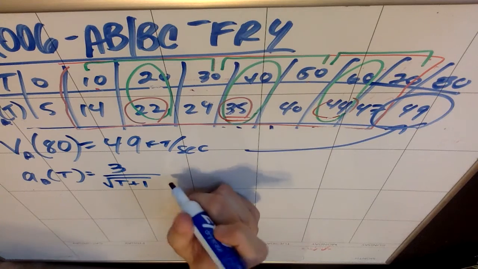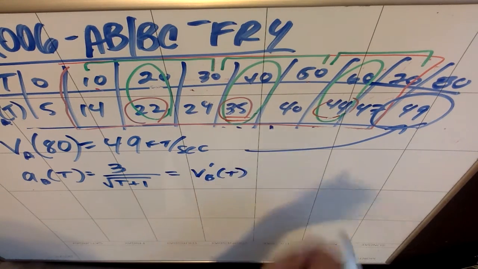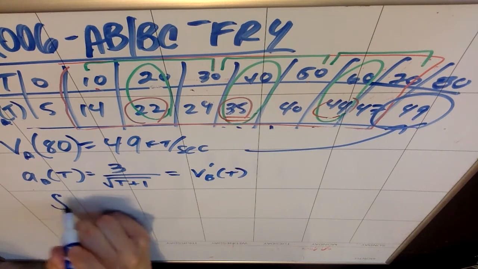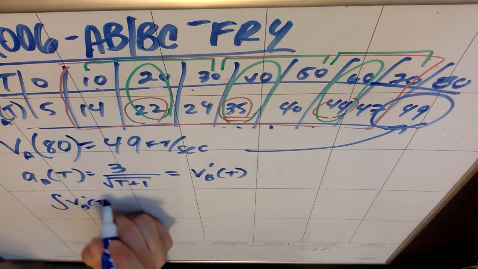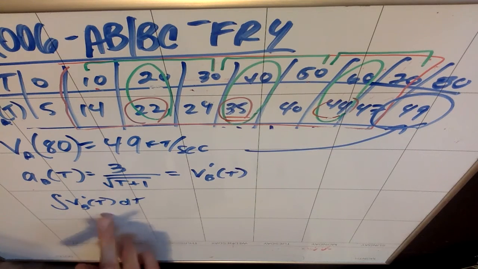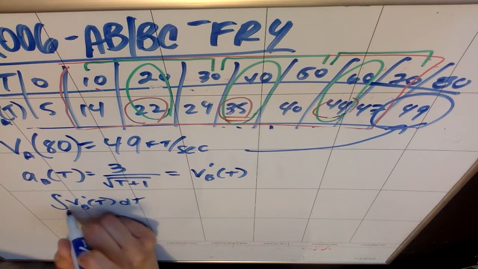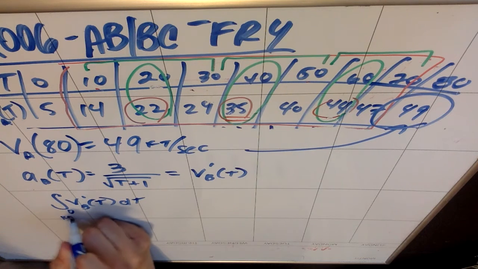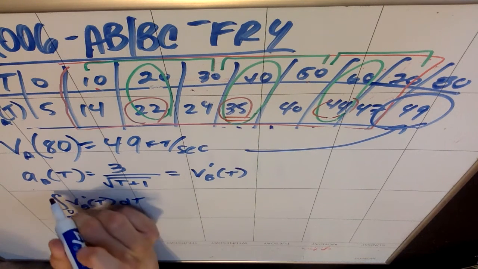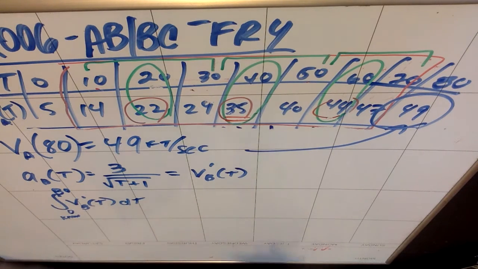Well, that is the same as saying V prime of B. So if I use the first fundamental theorem of calculus, if I integrate V_B prime with respect to t from 0, which is a value I know because they gave it to me, to 80, which is a value that I want, V sub B of 80, right?